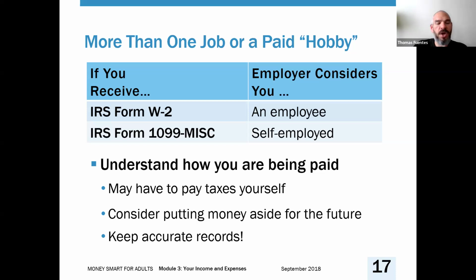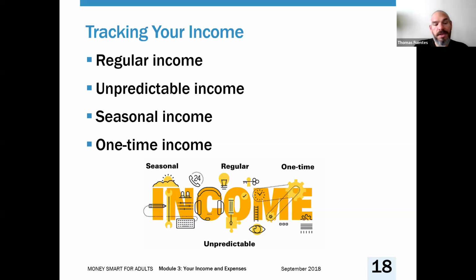So it's important to know the tax implications and what will be withheld if you fall within this type of employment. That's why we say in here, consider putting money aside for the future, because your tax bill may be more than it would be if you were a W-4 employee, for example.